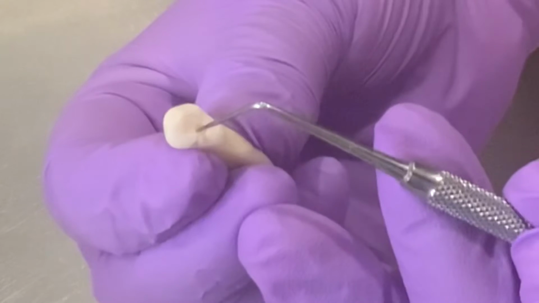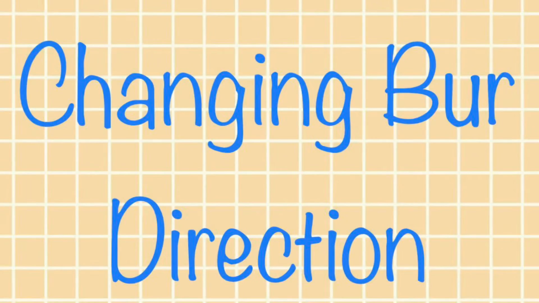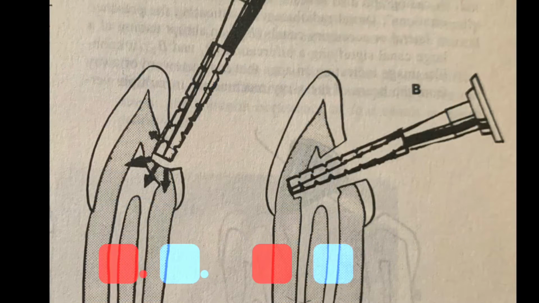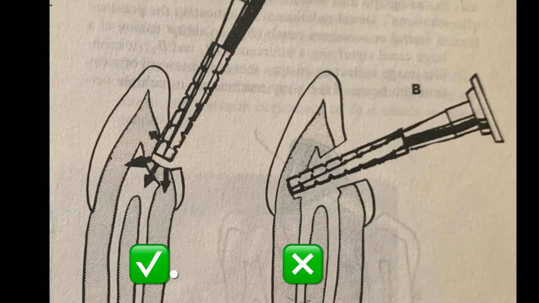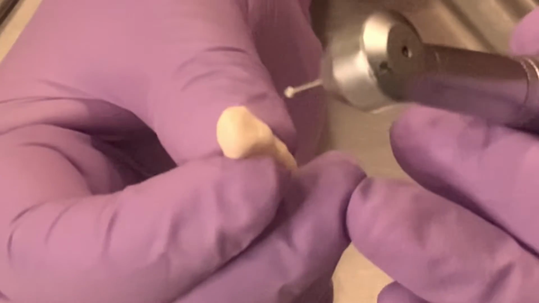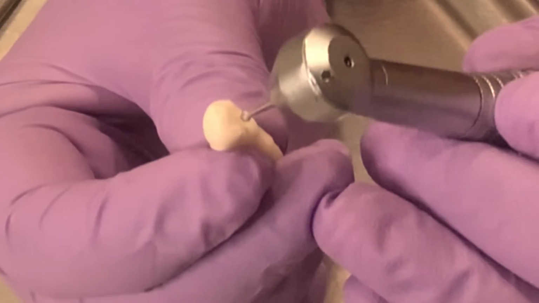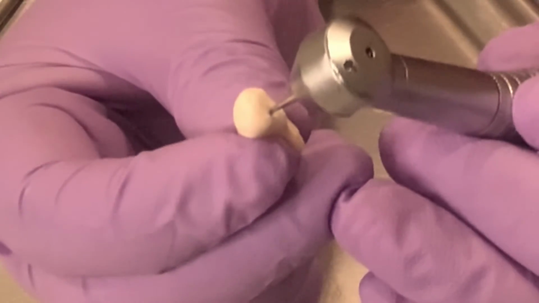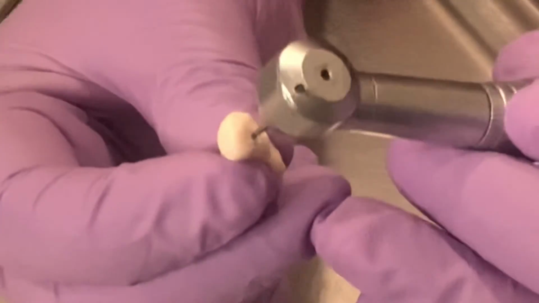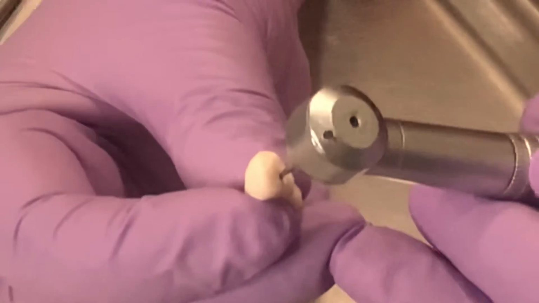Now our next step will be this: so far, our position of the burr was perpendicular to the surface of the crown, and now we will change it and make it parallel to the long axis of the crown.